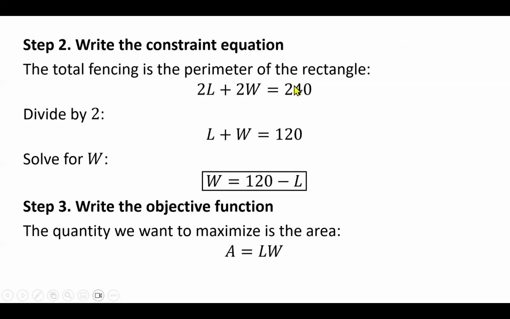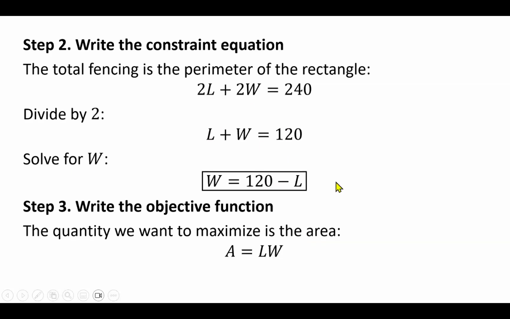Because there's only 240 meters of fencing, if I add all of the fencing that I'm gonna need, 2L plus 2W, that's equal to 240. I could divide by 2 to simplify the equation as L plus W equals 120. Then I can solve for W by moving the L to the other side.